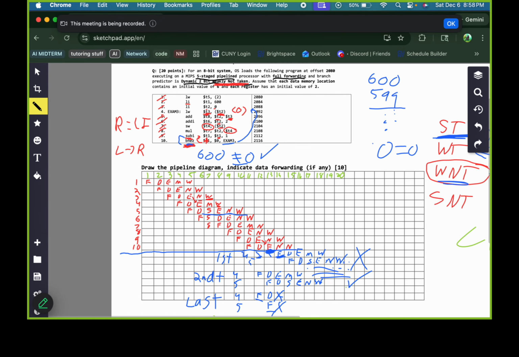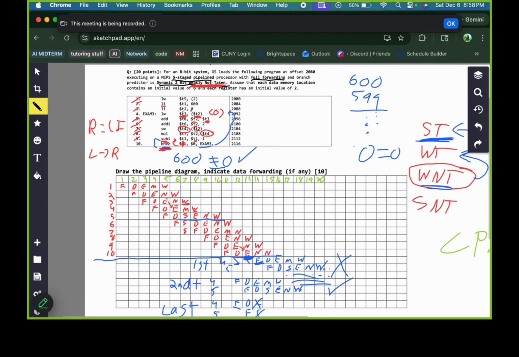So this is going to help us keep track of how many cycles each of these loops runs, because we know that the loop is going to run 600 times, but it's going to result in a different outcome each time. So how do we find out which part is the loop? Well, we know the loop starts at 4 and it goes until 10.